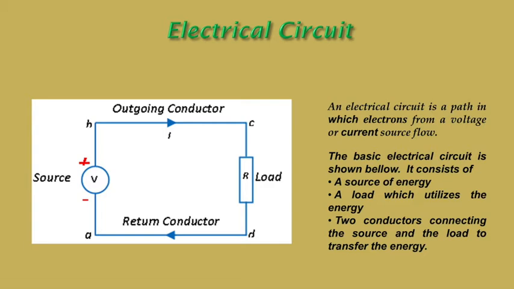Electrical circuit. An electrical circuit is a path in which electrons flow from a voltage or current source. An electrical circuit is composed of individual electrical components such as resistors, capacitors, and inductors, connected by conductive wires through which electric current can flow. Here the basic electrical circuit is shown.